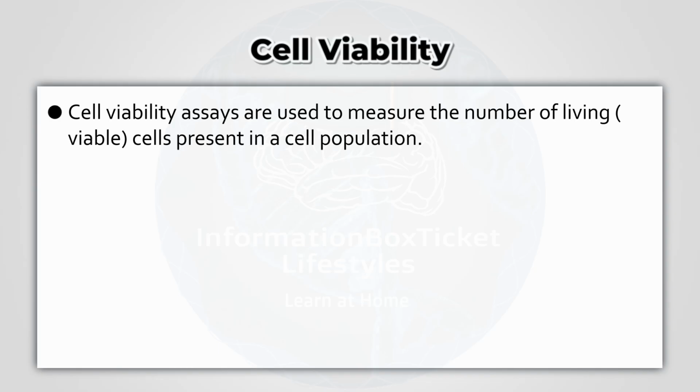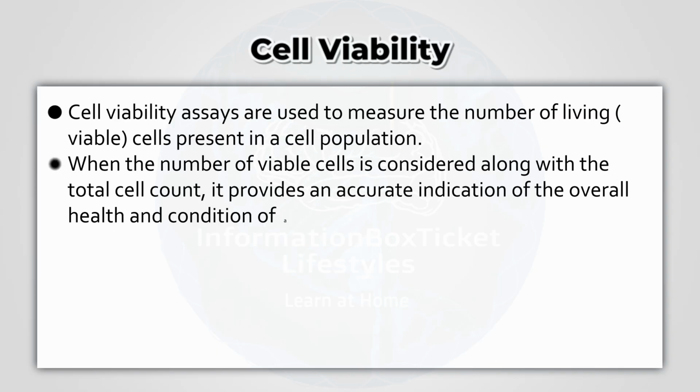Cell viability assays are used to measure the number of living, viable cells present in a cell population. When the number of viable cells is considered along with the total cell count, it provides an accurate indication of the overall health and condition of a cell culture.